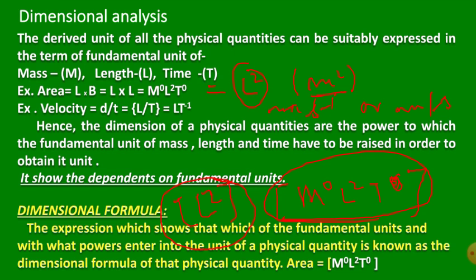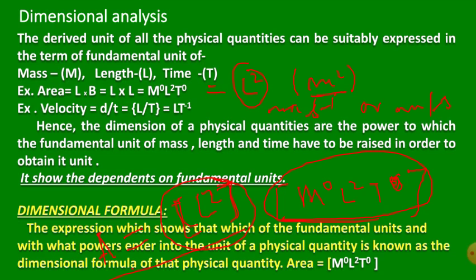If you want to express area as a dimensional equation, let's represent area by A. This is equal to the dimensional formula. So A is equal to L square, put within the square bracket. This we call the dimensional equation.